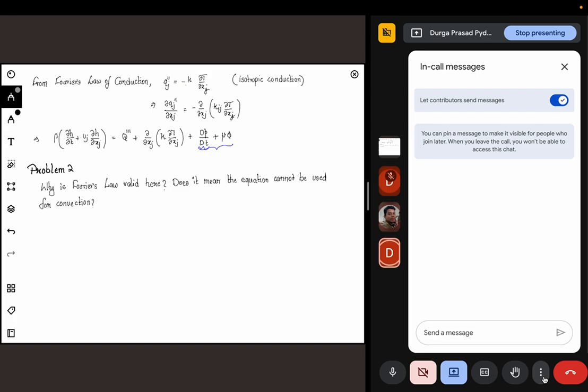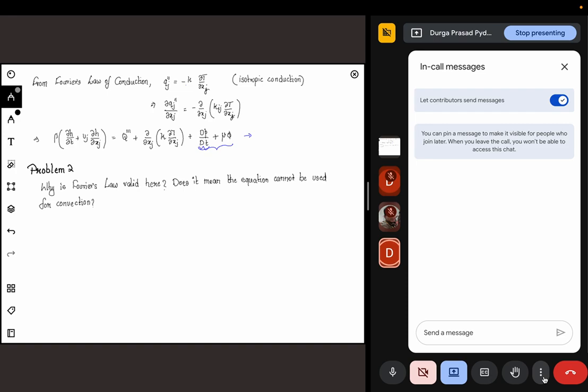So whatever equation that we have derived here is not applicable for convection. You're saying so what do I do to make it? Say for example, I have a convection scenario. So what do I have to do here in case of convection?